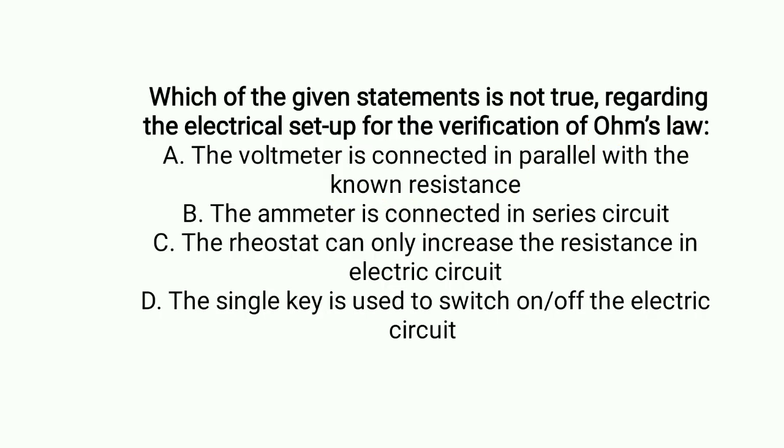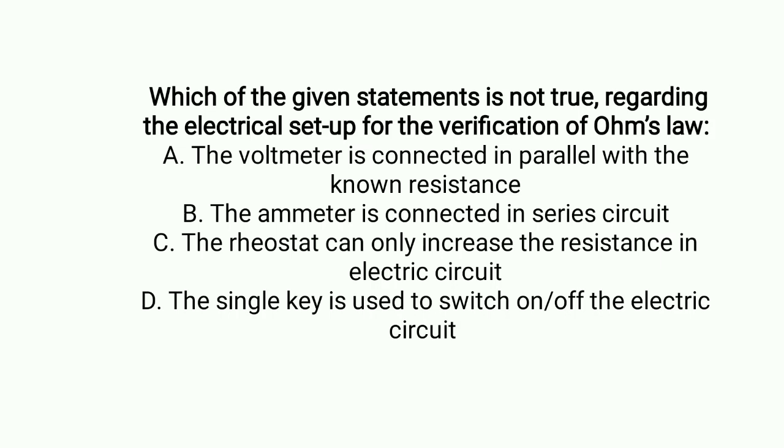Next question, which of the given statements is not true regarding the electrical setup for the verification of Ohm's law? Option A, the voltmeter is connected in parallel with the known resistance.